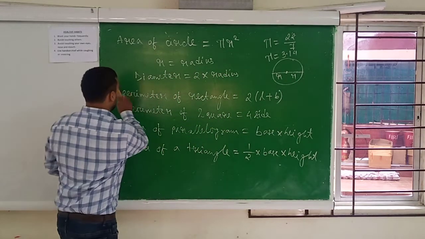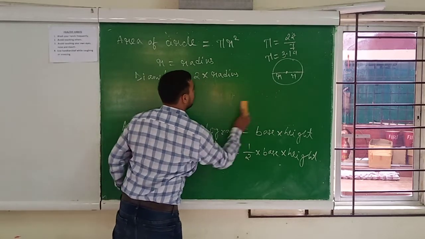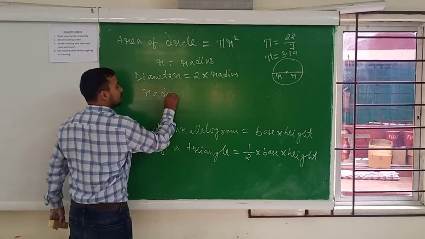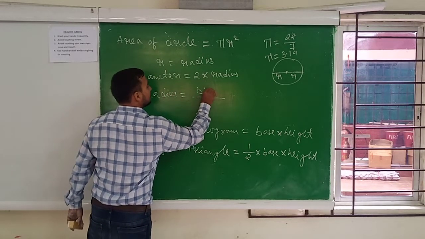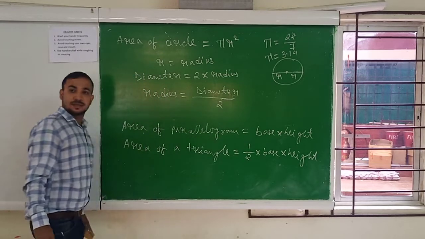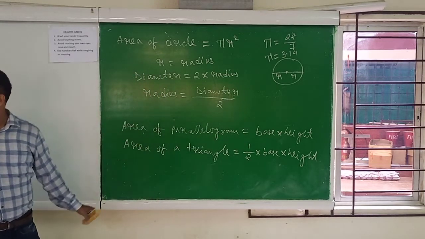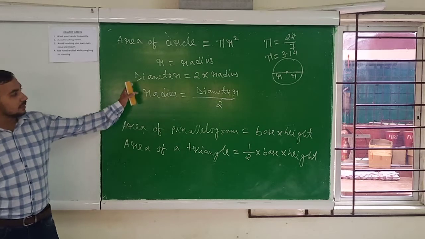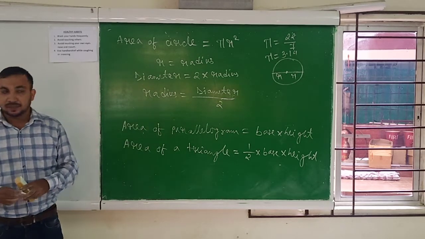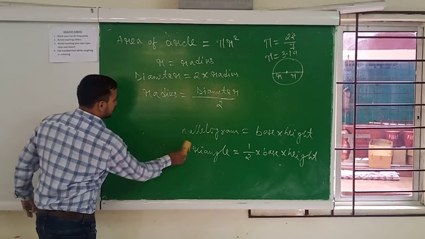But if you want to find radius, it will be like this. Radius is equals to diameter divided by 2. Because diameter is 2 times of radius, radius will be diameter by 2. Okay. And one more thing I need, last one.